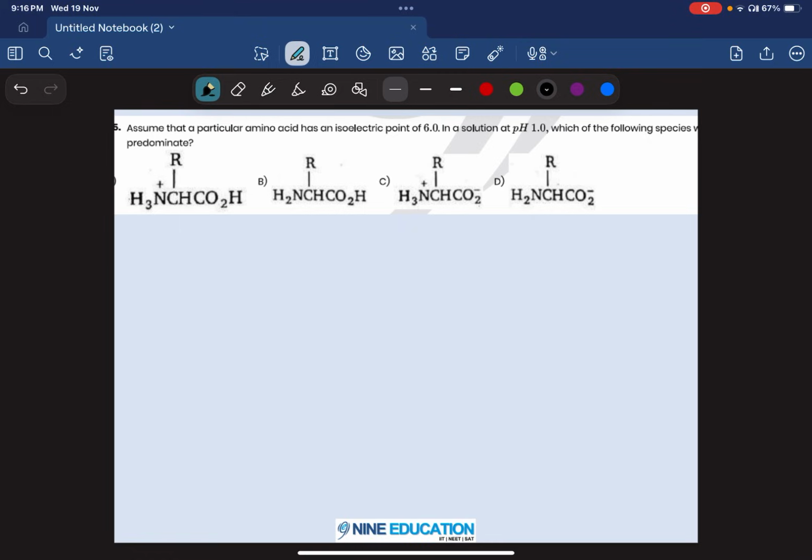Generally, at the isoelectric point, we know that these amino acids exist as Zwitter ions. Zwitter ions are nothing but these amino acids existing like this: RNH3 plus and COO minus. This is the Zwitter ion at the isoelectric point.